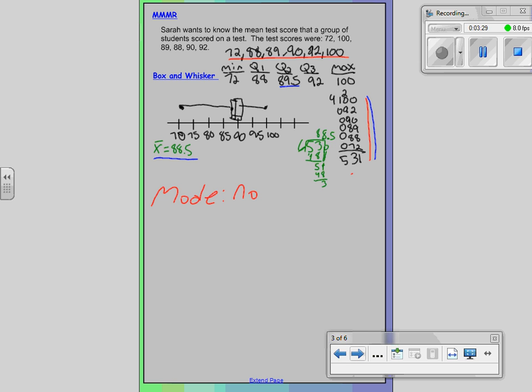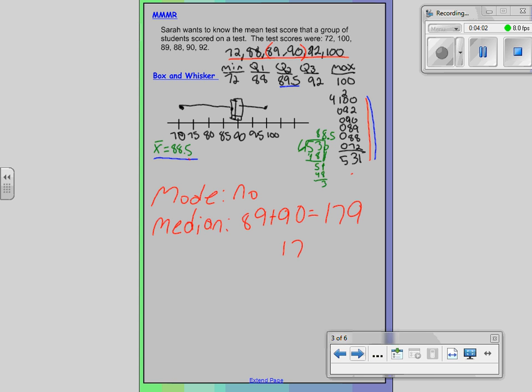Alright. Then we already did our mean. We got it right here. And then we look at our median. You have to look at the middle, but you notice we got 6 terms, an even number, so there's not going to be just one number in the middle. In the middle, you got 89 and 90. So for our median, it's 89 plus 90, and you get 179.